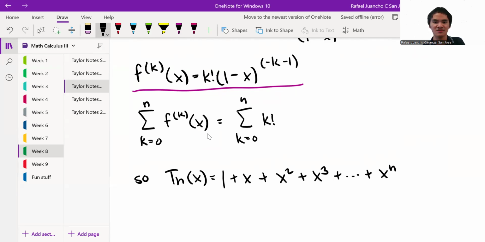This is k factorial 1 minus x. There we go. 0 factorial is a 1. This thing is a 0. This is weird.